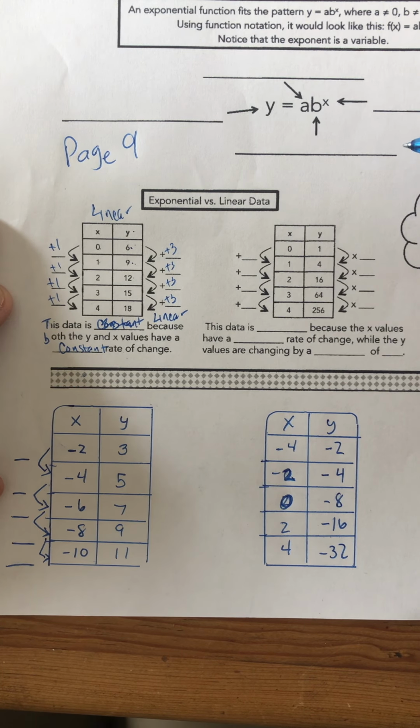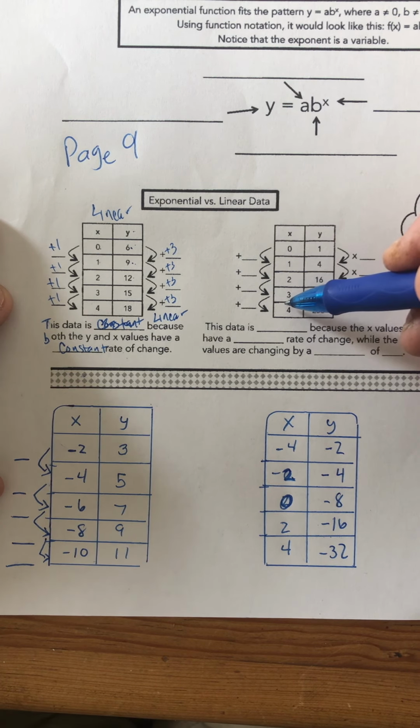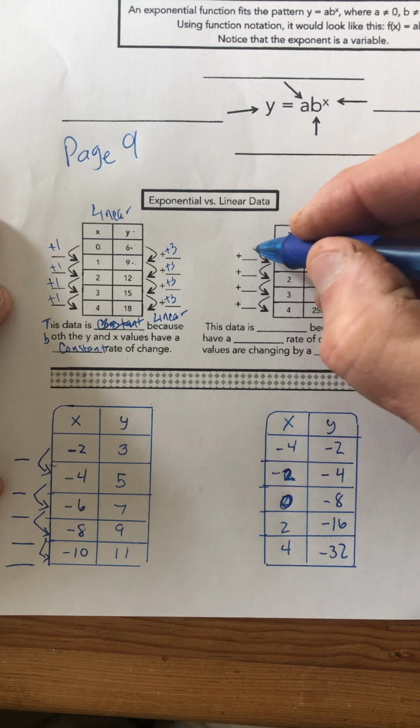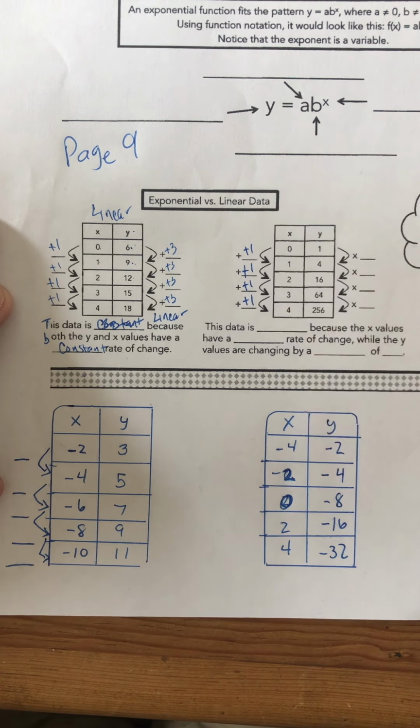In this example, okay, whether it's linear or exponential, your x values are always going to be at a constant rate. In this case, they are going up by 1 again each time. But if we look at our y values, to get from 1 to 4, yes, I could add 3. But if I added 3 to 4, it would give me 7, not 16.